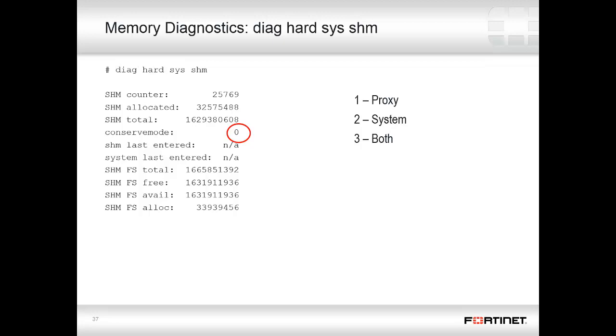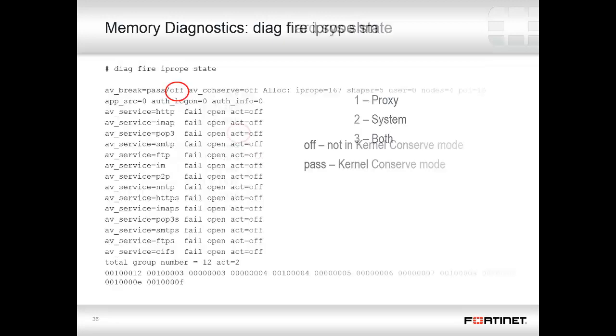In the middle is a conserve mode indicator. Normally, this value will be 0, meaning it's fine. 1 would indicate the unit is in proxy conserve mode, 2 would be system, and 3 would be both. There's no indication on this diagnostic for kernel conserve mode because kernel conserve is happening at the operating system level.